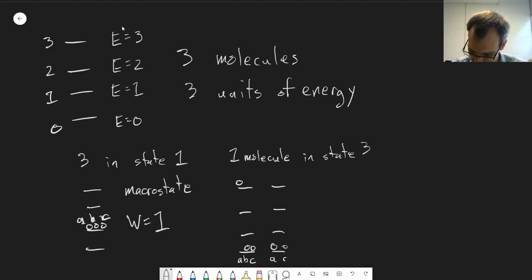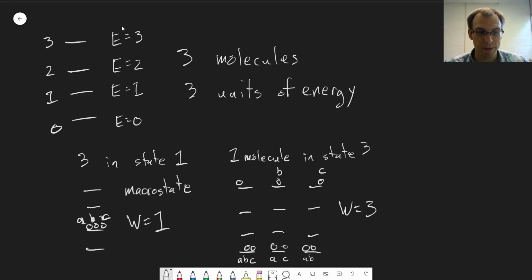We could have A and C in the ground state and B in the excited state. Or we could have A and B in the ground state and C be the one up in state 3. So there are 3 possible ways to do this, and we would say that W equals 3.